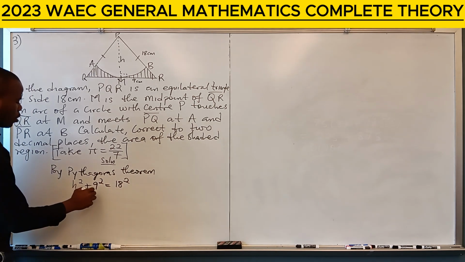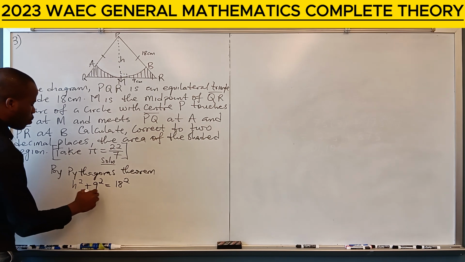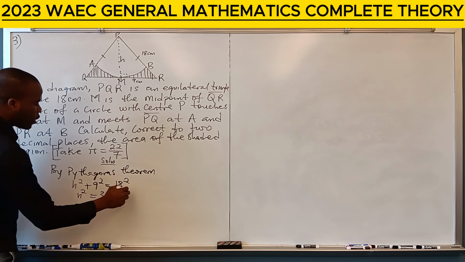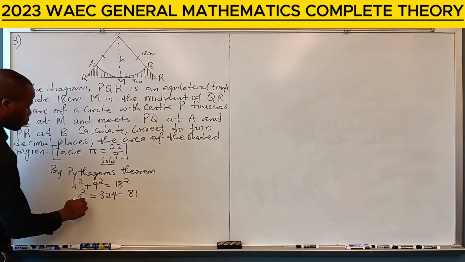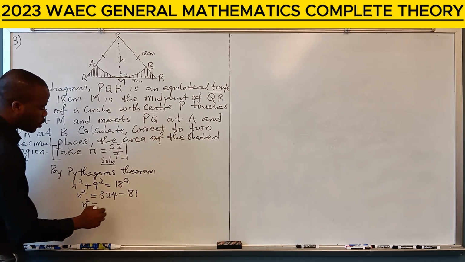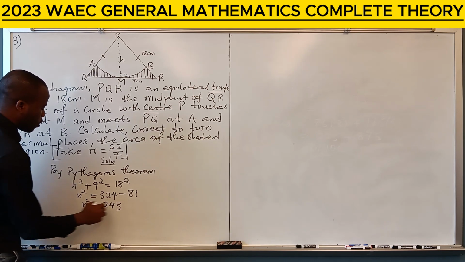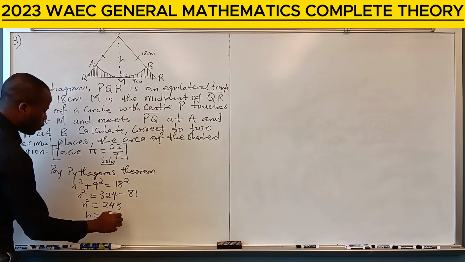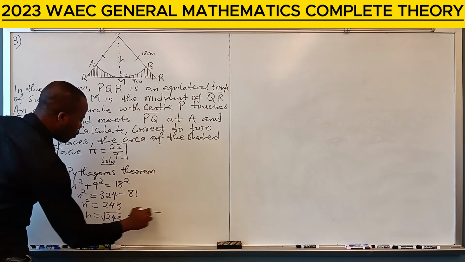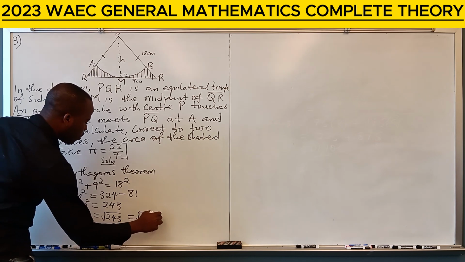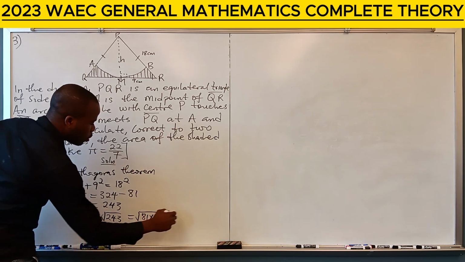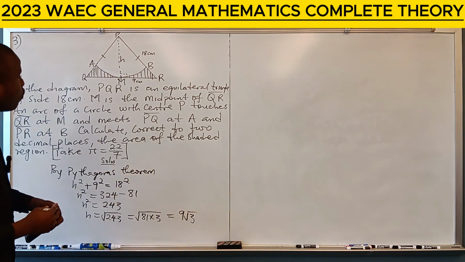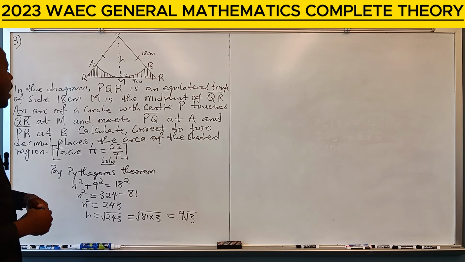H square equals 18 square is 324 minus 9 square is 81. H square, 324 minus 81 is 243 and h is square root of 243, which is the same as square root of 81 times 3, which is 9 root 3. So I've gotten the height as 9 root 3.